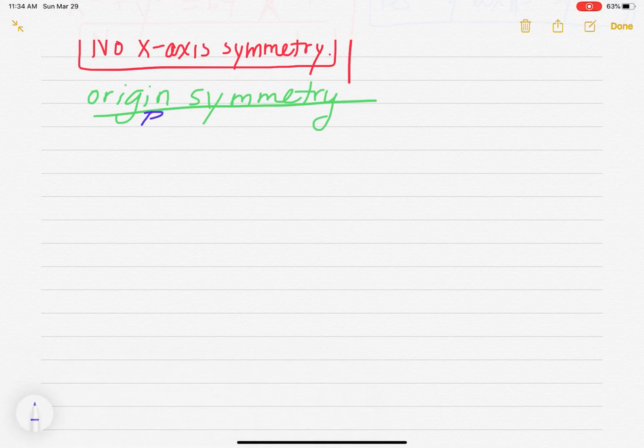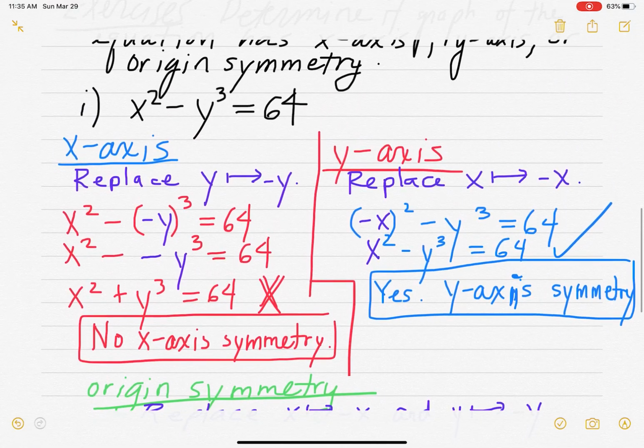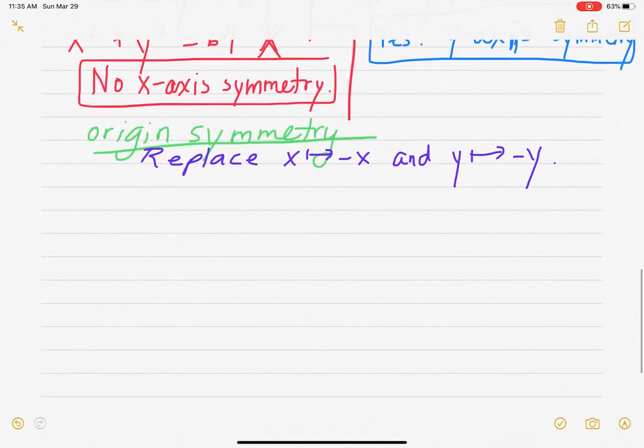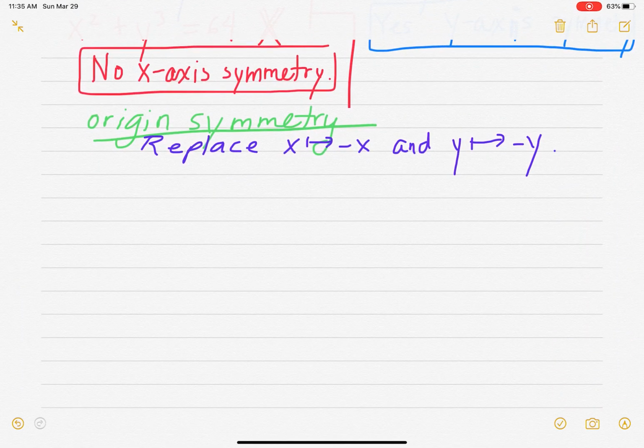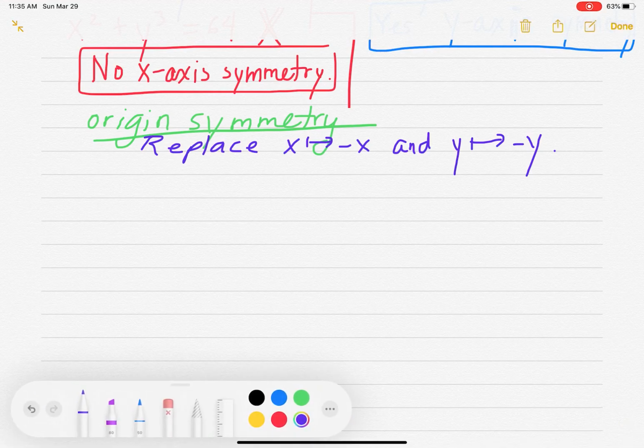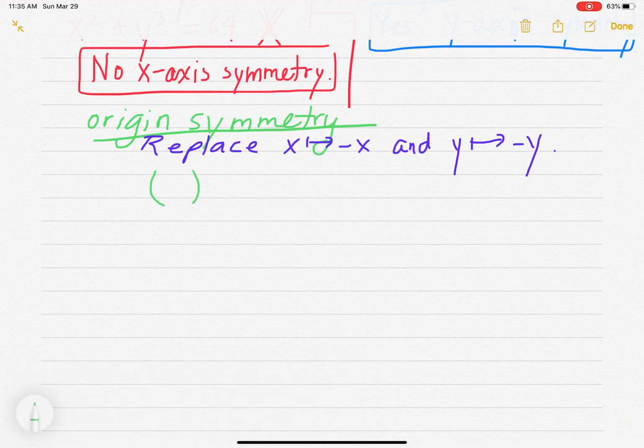So we're going to replace x with negative x and y with negative y, double replacement. So you have to go back and remember, what was your original equation? It was x squared minus y cubed equals 64. So we're going to make a template with that: blank squared minus blank cubed equals 64.